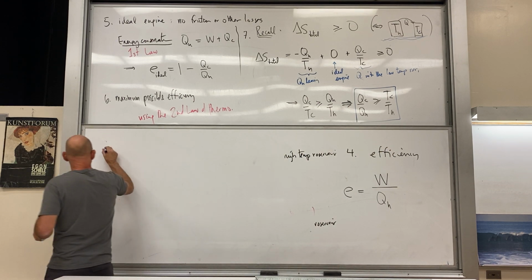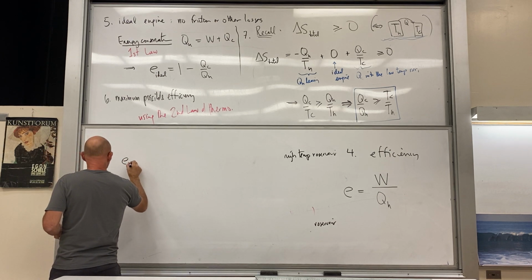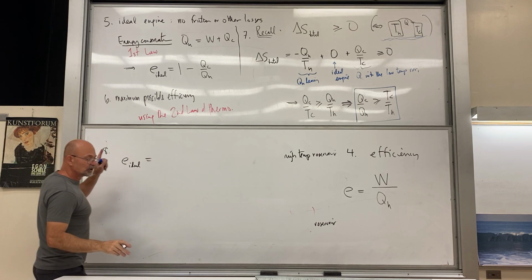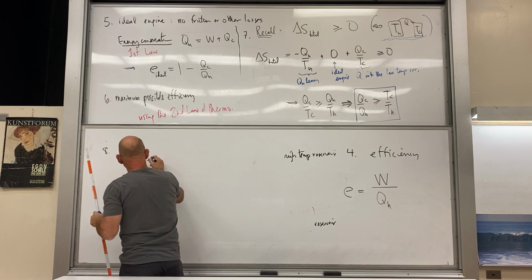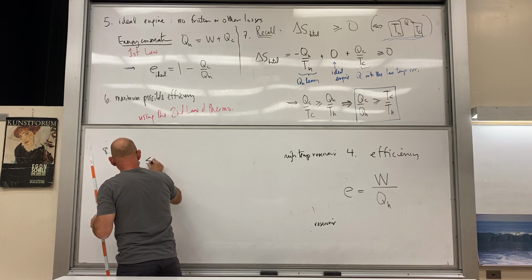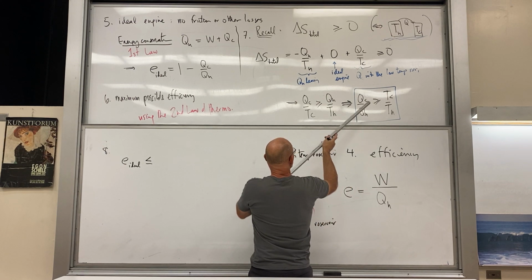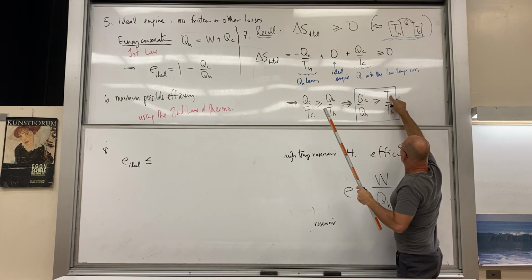Okay. So now we have this E ideal, I'm going to call it. Well, it's equal to this up here. So it's going to be less than or equal to 1 minus TC over TH. Yeah, let's fix that.